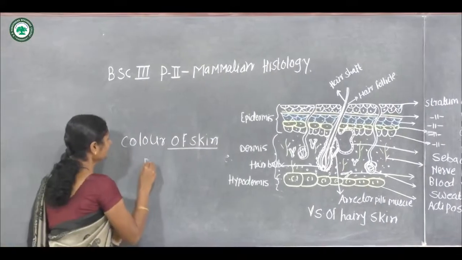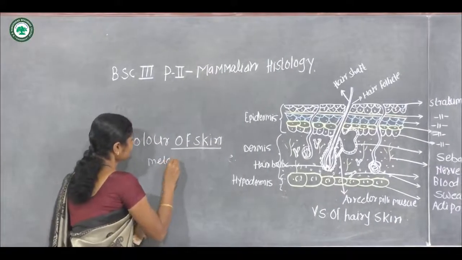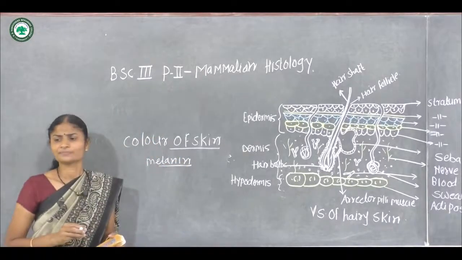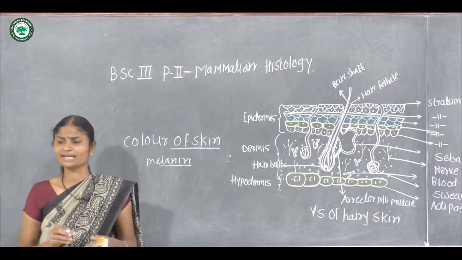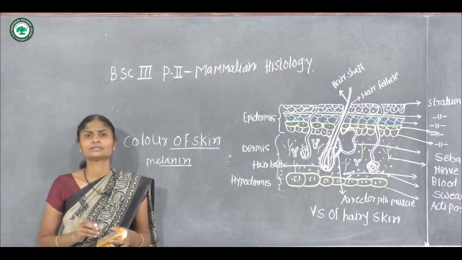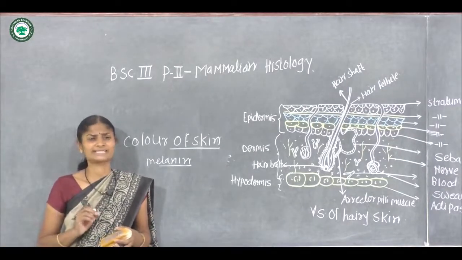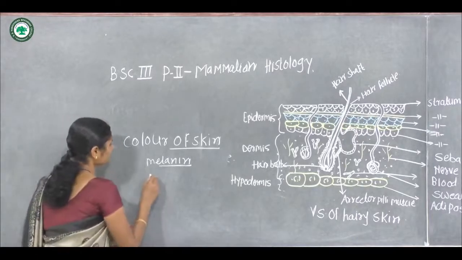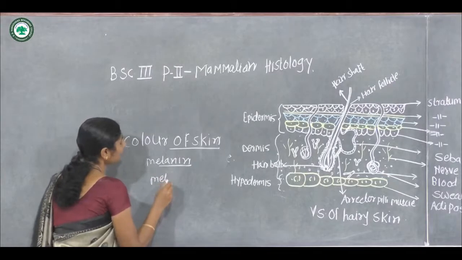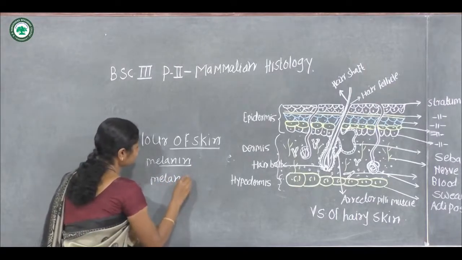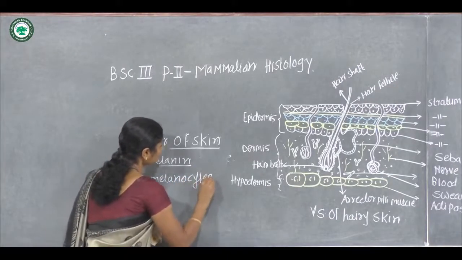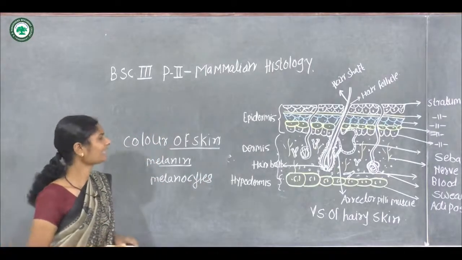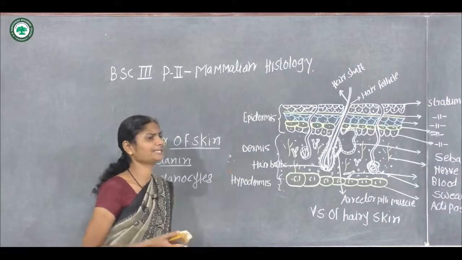Melanin pigment gives color to the skin, and this melanin is formed in specialized cells called melanocytes.